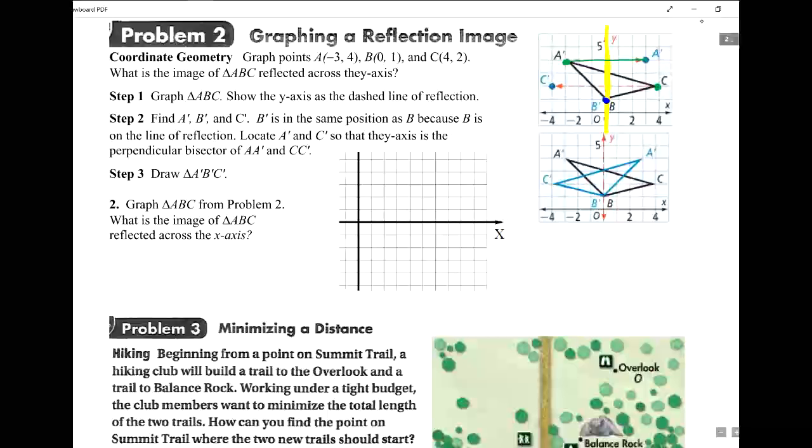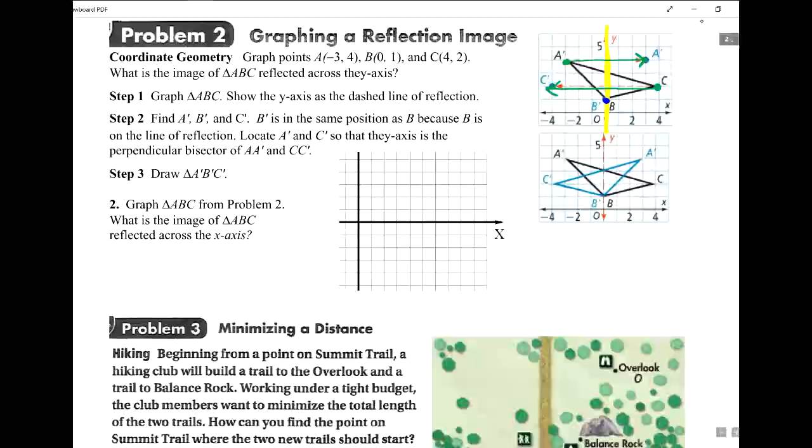But C is over here. C is on the right-hand side, so we are going to reflect it this way. So you can have a line of reflection that goes down through the middle of your figure, and you just take each point and reflect them individually.